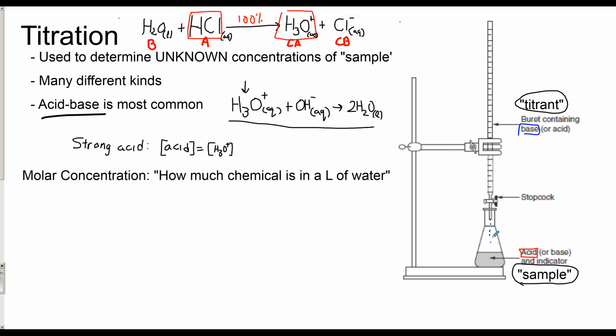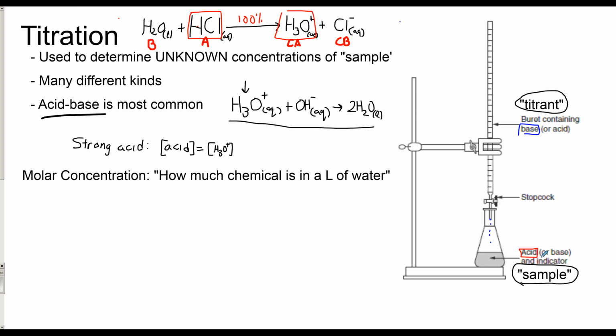But here's the next thing we need to worry about. How do we know when the reaction is done? Because what if our base is colorless and our acid is colorless? Like, how can you tell that the pH is changing? Well, that's actually really simple.